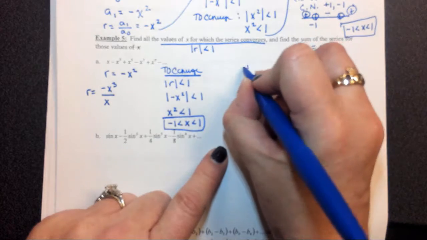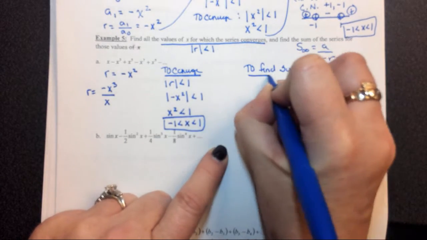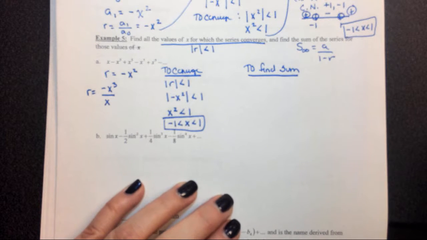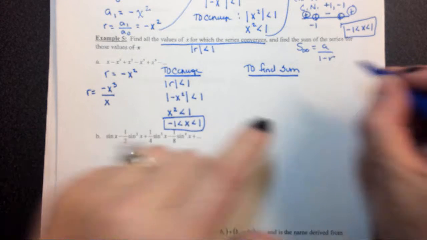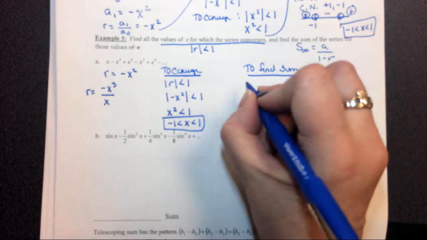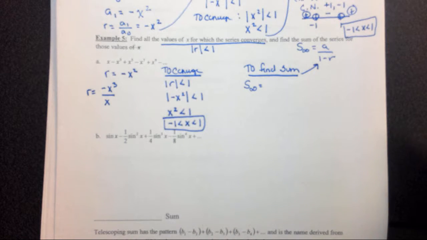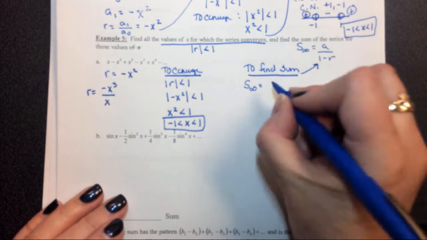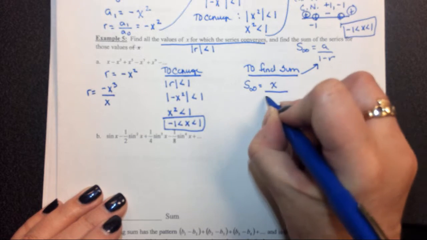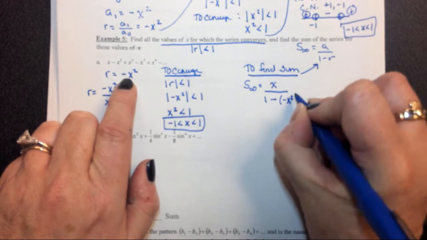And now to find the sum. To find your sum, again, this is where I'm going to use this particular formula, a over 1 minus r. So the sum of this series, what was the first term? The first term was x over 1 minus, we found the common ratio to be negative x squared.